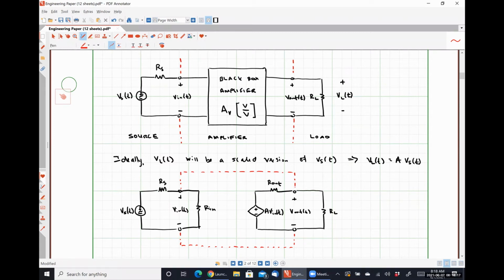And I'm going to call this the practical amplifier model. Technically, this is only the practical voltage amplifier model. If we had a current amplifier, we would have a current source.